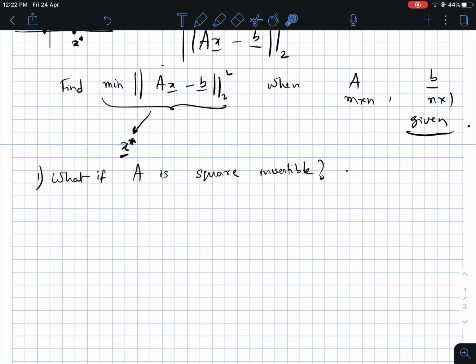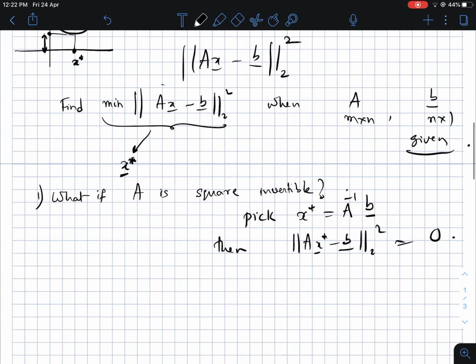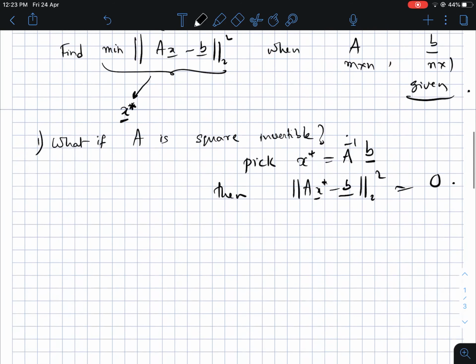Because this is the sum of squares, the smallest possible value it can take is obviously 0. And when A is square invertible, you can make it 0. You can just pick x star to be A inverse b. Then the expression norm of A x star minus b square is going to be equal to 0. So that is the simple scenario. We don't even have to do anything here if A is square invertible.